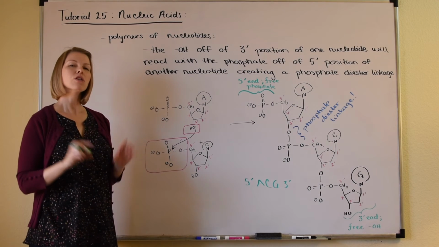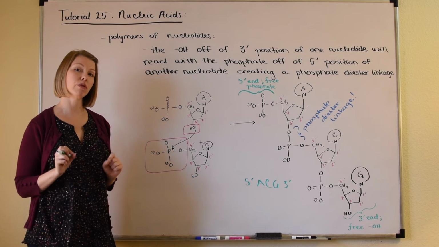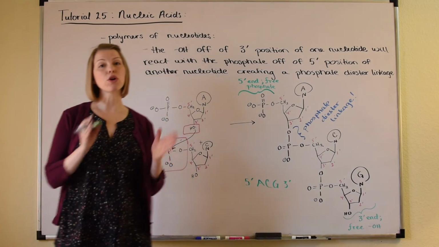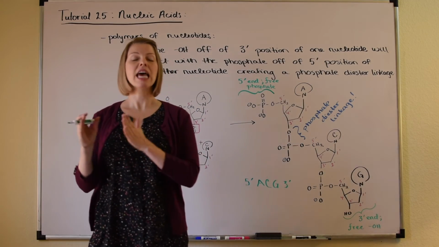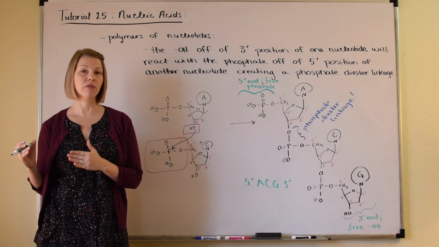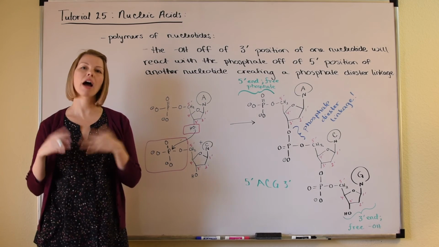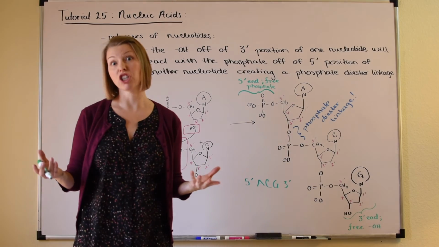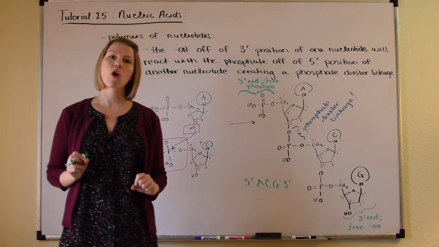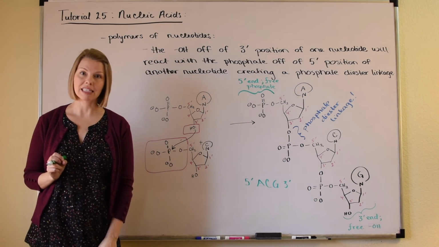Okay. So remember when we talked about proteins, how we said that the order of the amino acids is very important. And really, if one amino acid is out of order, the entire protein may not be able to function. The same thing goes for our nucleic acids.